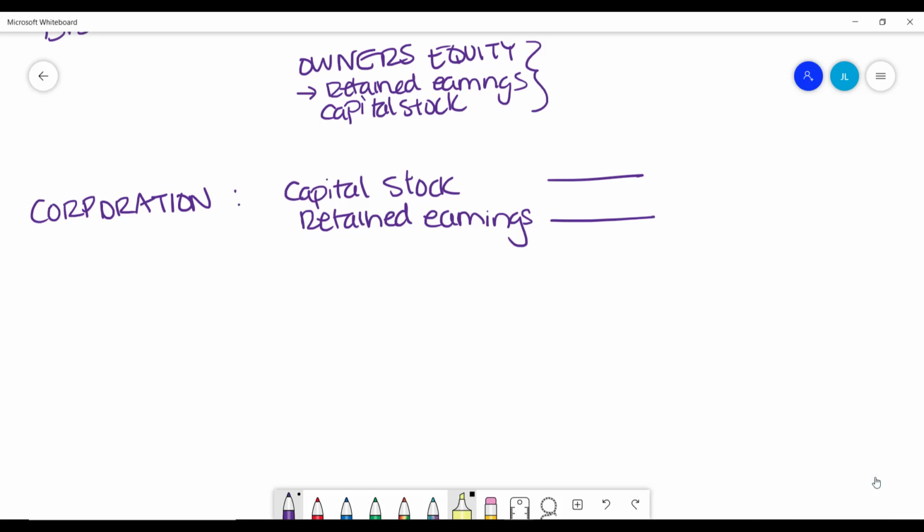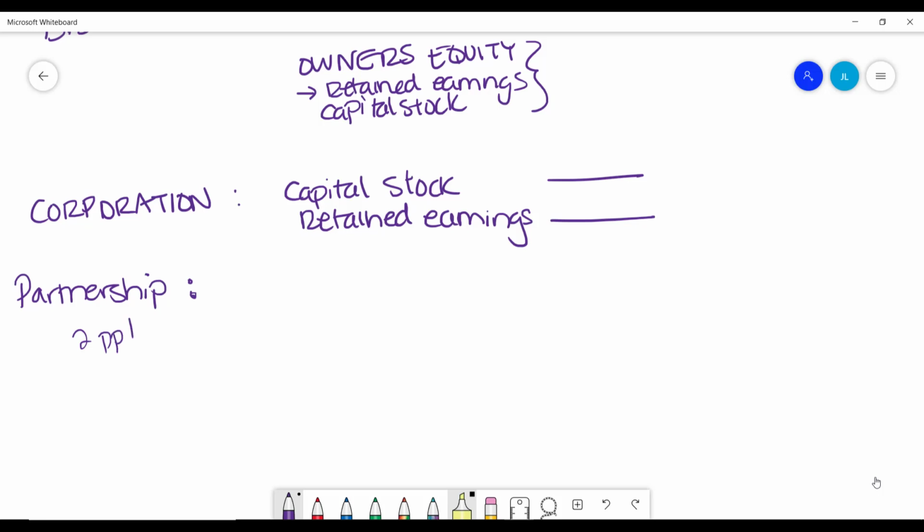Now, what about if we're looking at a partnership? With a partnership, equity, remember we said that a partnership is owned by two or more people. So let's assume it's owned by two people in this situation.